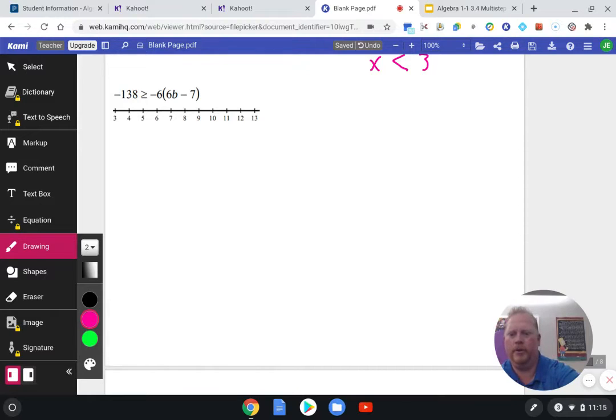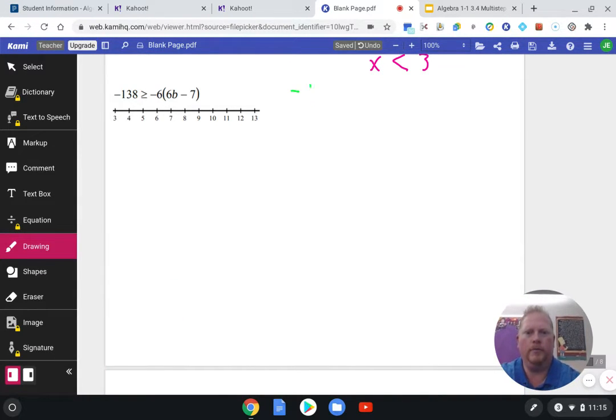Next problem. -138 is greater than or equal to -6 times 6b minus 7. So I'm going to go ahead and distribute that -6. Get -138 is greater than or equal to -36b plus 42.